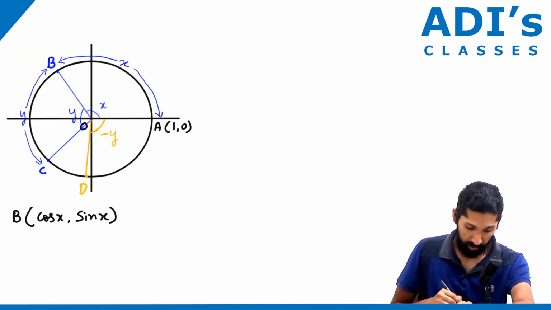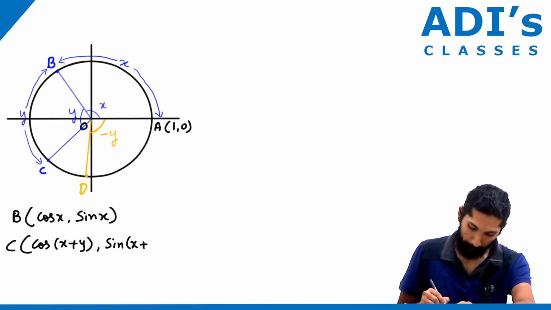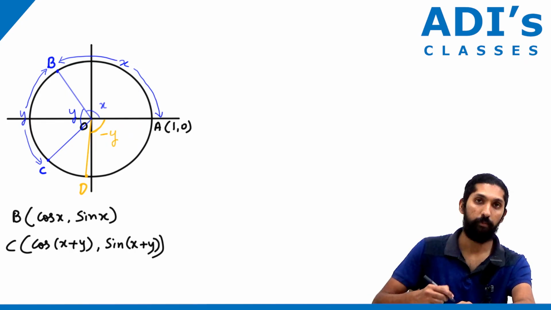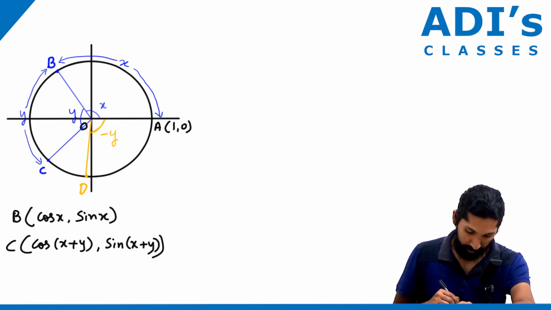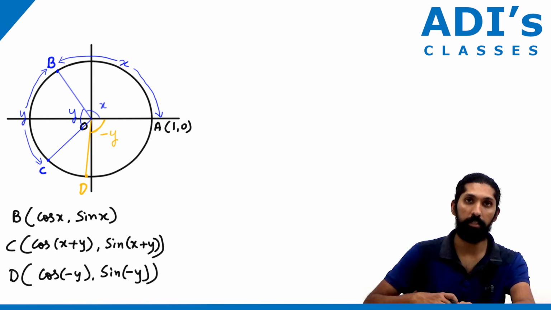So point C is going to have cos of (x plus y), comma sine of (x plus y). And point D is going to be cos of minus y, comma sine of minus y. The angle is minus y.